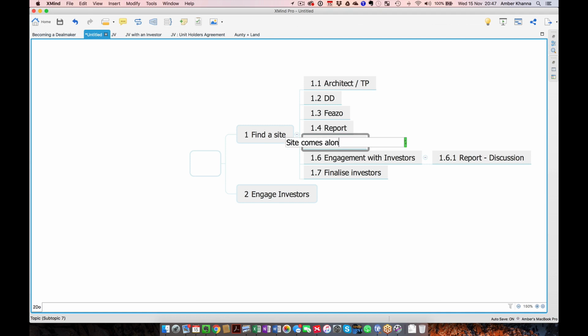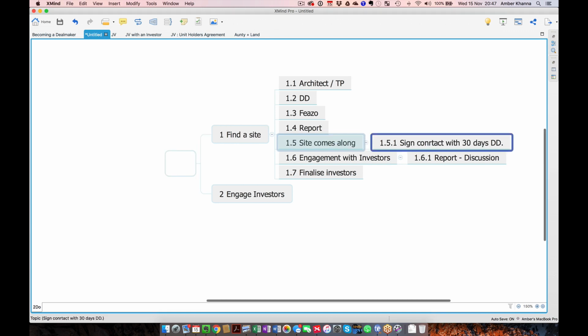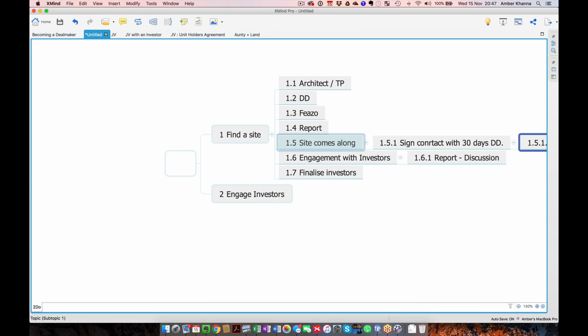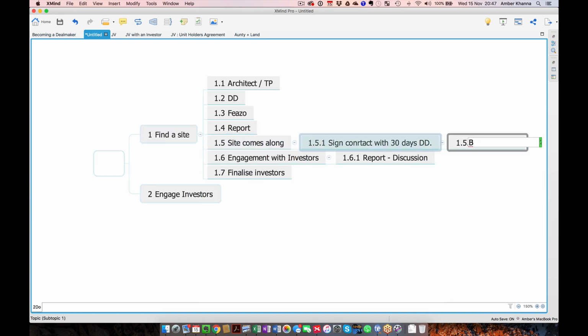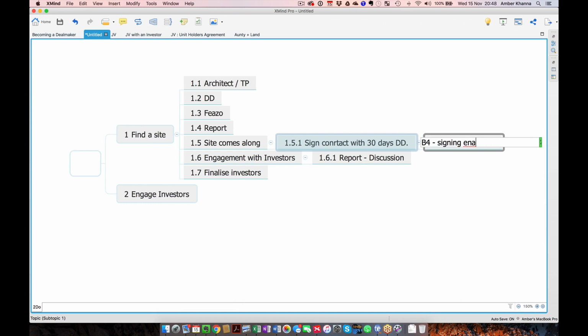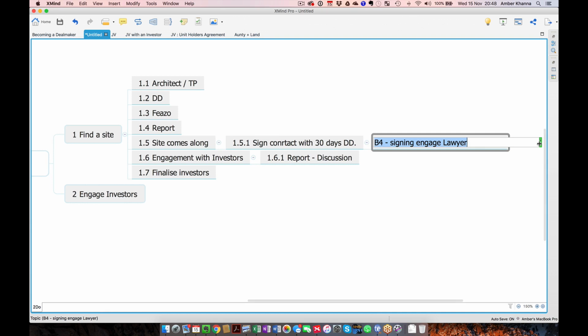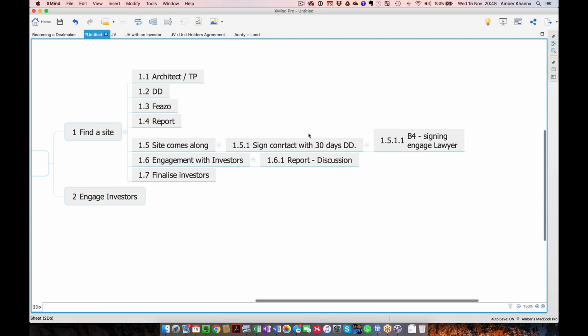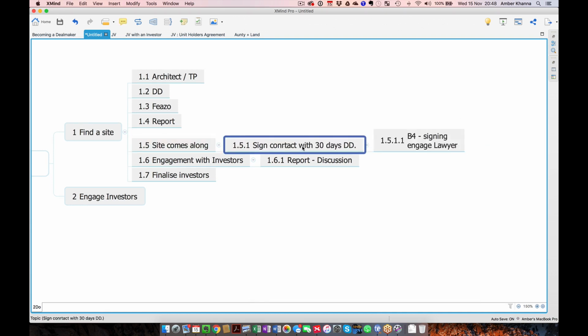So if a site comes along, before signing, engage a lawyer, because your lawyer needs to see the contract, and if you want to add a due diligence clause to it, get your lawyer to add that clause for you.